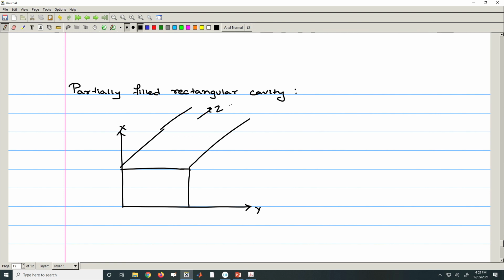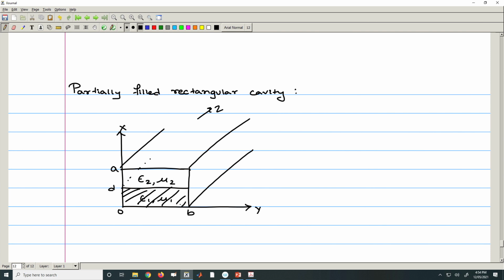In this we have z. And since this is partially filled, this is the origin O (0), then this will be A, this is B. Let us denote this point as D. This one is filled with epsilon 2, mu 2 and this is epsilon 1, mu 1.